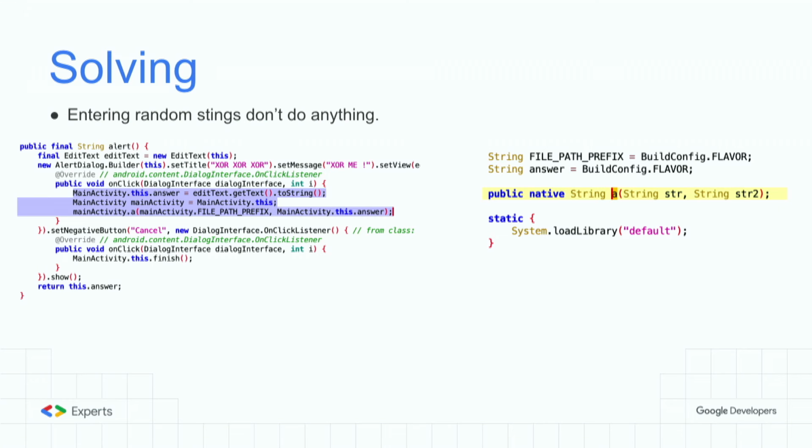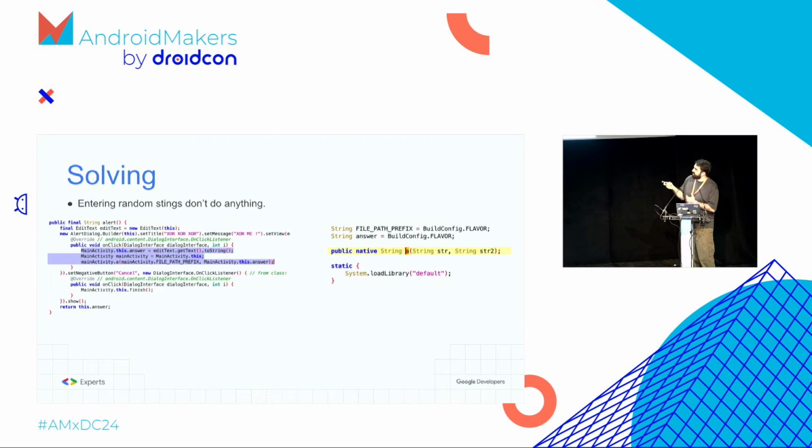Okay, we know that, and the answer is what we have in the input. But what is function, or method, A? So we go to function A in the main activity again, and we see that it's a native function.